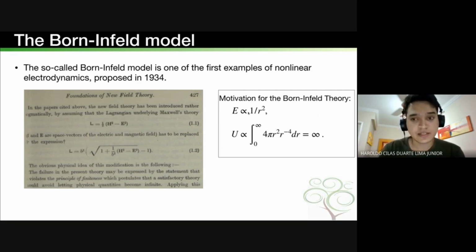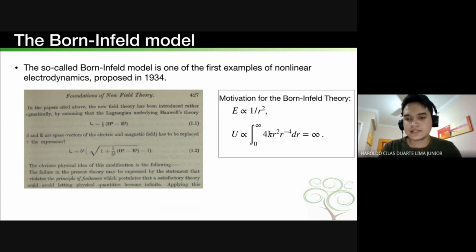Well, here's one example. We know that the electric field associated with a point charge is proportional to 1 over r squared. We can compute, for instance, the energy associated with this electric field, which is essentially the volume integral of the square of the electric field. And when we compute this integral over the whole space, it goes to infinity.